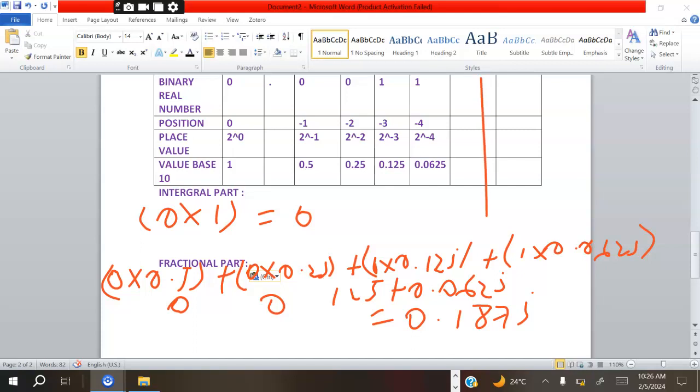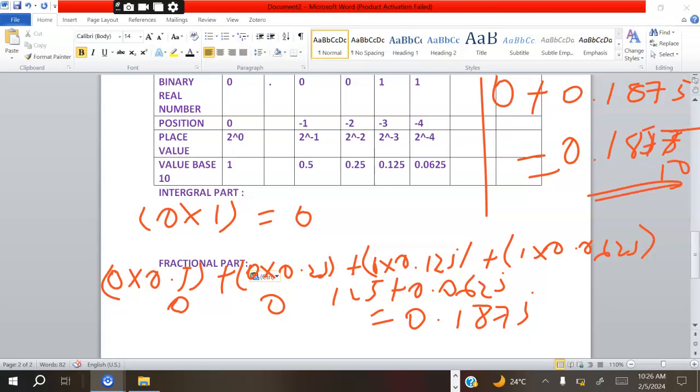Now the value for the integral is 0 plus 0.1875, which gives a total of 0.1875.